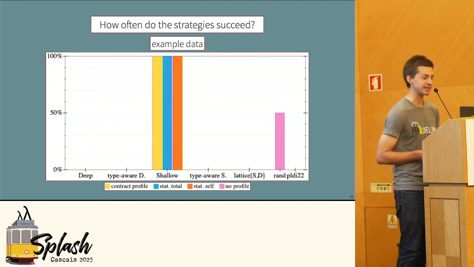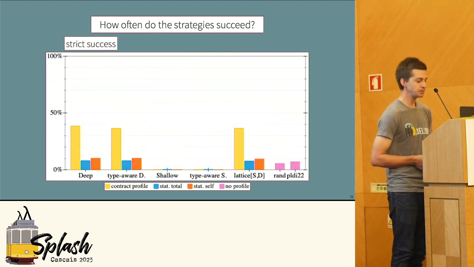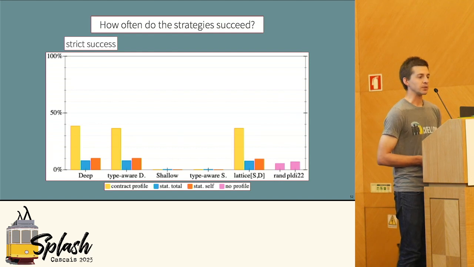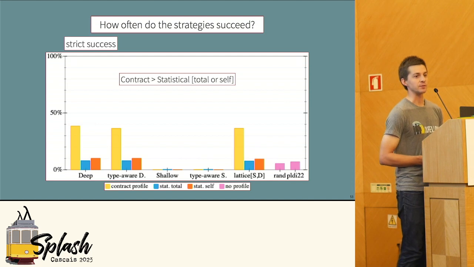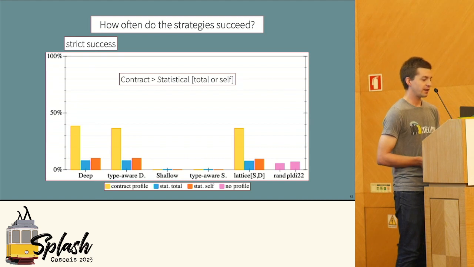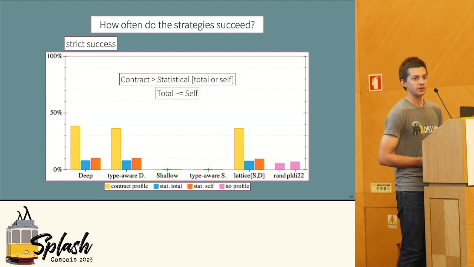Okay, now real data for strict success. So we see yellow is much higher than anything else. The contract profiler is the most successful out of all of these. The statistical profiler is not helping us reach these 1x configurations. We also see that when we look at statistical, using the total column or using the self column gives us equivalent results.